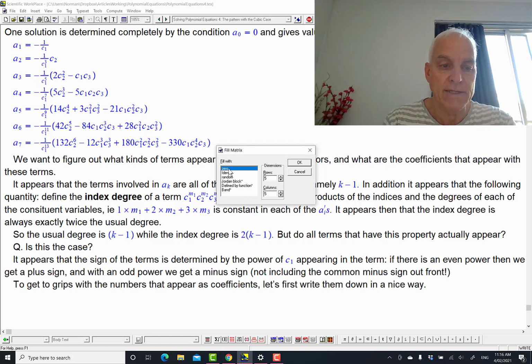And how big is this thing going to be? Well, we're going down to 1, 2, 3, 4, and then 3, and then this one also has 3, and then this one has 2, and then this is 1 and 1 and 1. So it looks like maybe, well, there's seven of these, so 7 rows. Okay, maybe make it 7 rows, and it looks like we're going to have 4 columns.